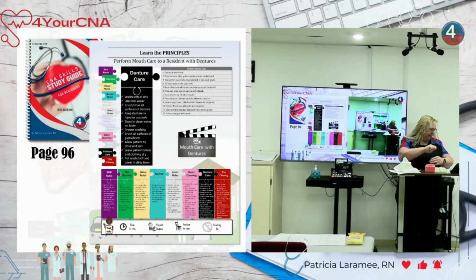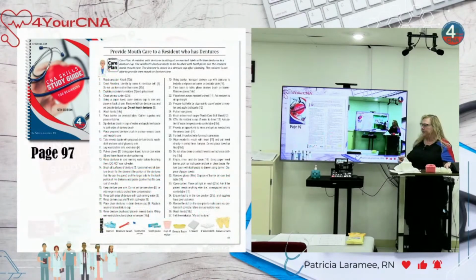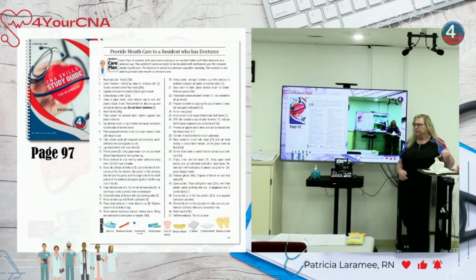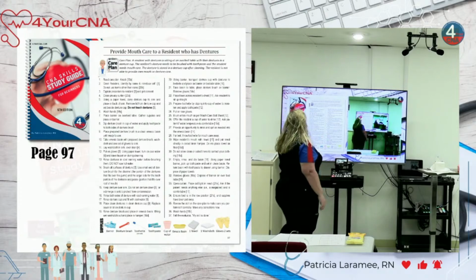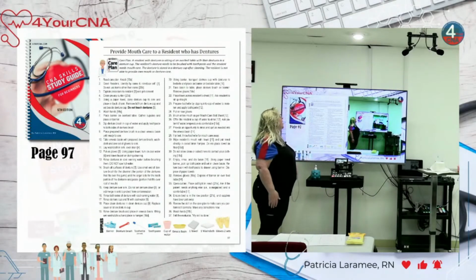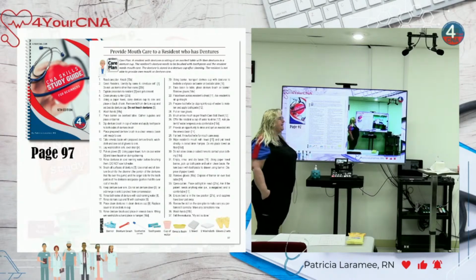Now, there's a couple of different ways that we can clean dentures, and a couple of different types of dentures that we need to be aware of. Let's go through this real quick. Let's look at the care plan before we get into the instruction. The care plan at the top, page 97, tells us a resident with dentures is sitting at an overbed table with their dentures in a denture cup.